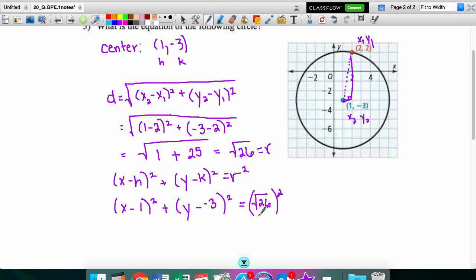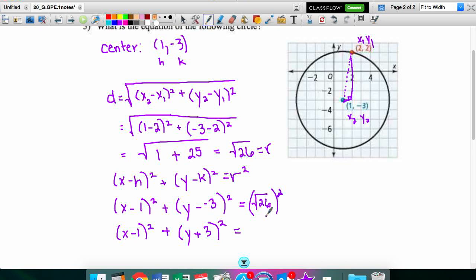Okay, so next let's simplify our equation. Anytime we see a double negative, we'll replace it. So x minus 1 doesn't have a double negative, but y minus a -3 turns into a +3. So (y plus 3) quantity squared. And we also simplify our radius squared.